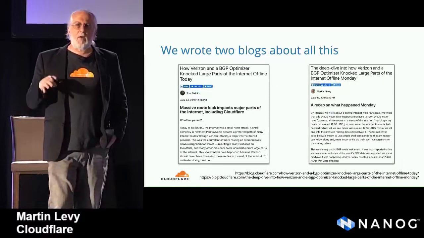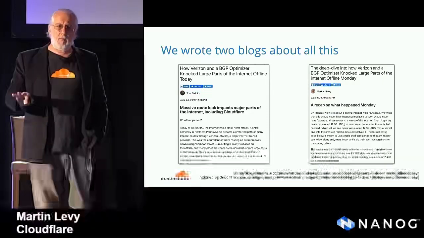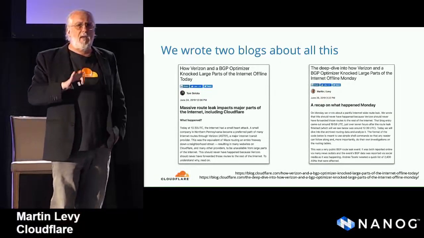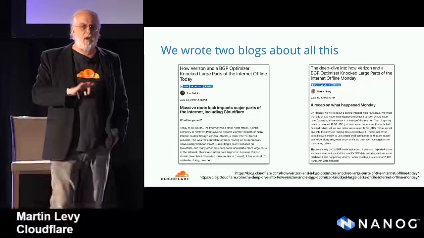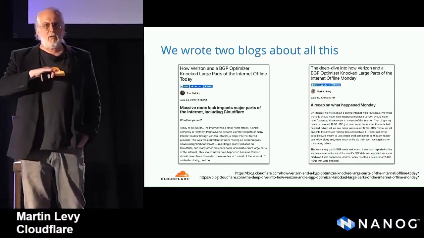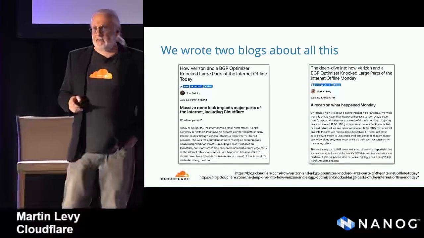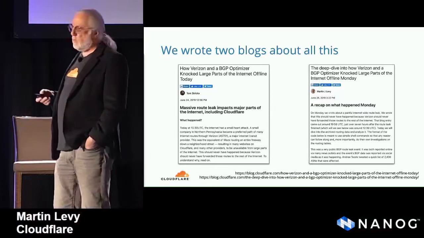I'm biased because I work for Cloudflare and I write blogs like this, but it is very much the mechanism of announcing what we are doing or what happened in a very flat, simple, factual way. And obviously fairly quickly. That does help. So the first one is simply, it went down, we think we know why.